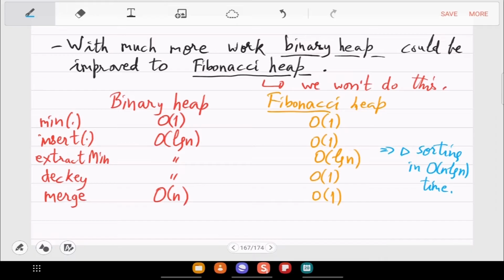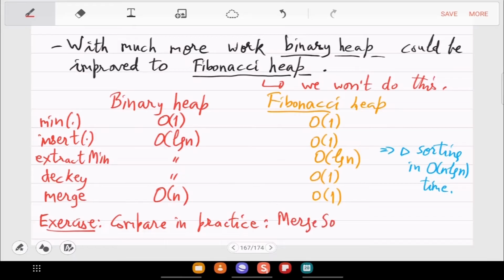So one exercise you can do is compare the 3 sorting algorithms, which are merge sort, quick sort, and this latest that you have seen, heap sort.